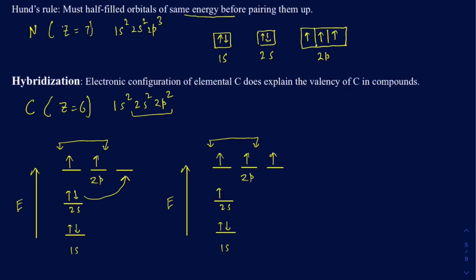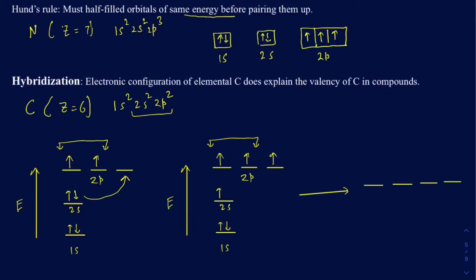In addition to that, there is going to be something called hybridization. So these s orbital and p orbitals are going to hybridize, where they make a set of 4 orbitals now. Remember, this set of 4 orbitals is going to have energy in between the 2s and the 2p.